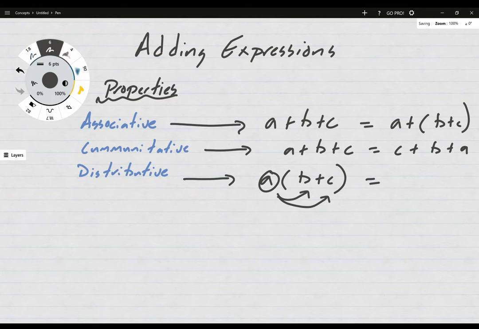I'm multiplying it. So A multiplied by B is AB. A multiplied by C is AC. So these are the three main properties of adding and subtracting expressions that we are going to be dealing with. So let's look at something else now.